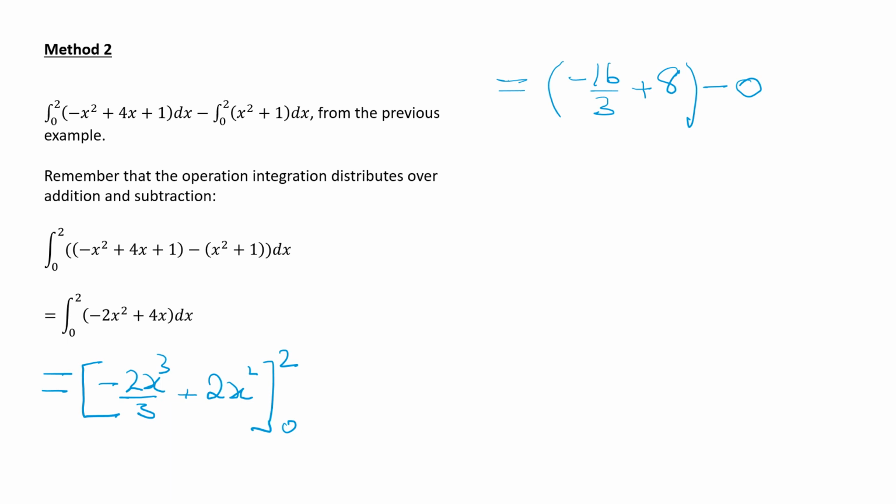Again I've got this minus 0 in there just to show that I am actually putting my lower limit in there, and I'm back to the same situation as I had before. 8 of course is 24 over 3, and minus 16 over 3 plus 24 over 3 is positive 8 over 3 units squared.